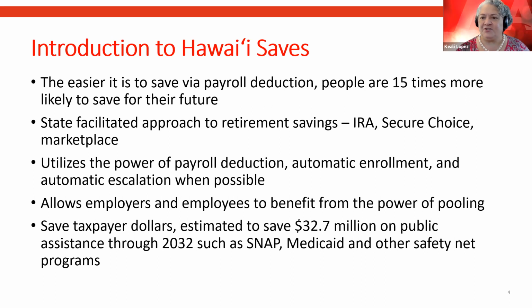There's IRA, Secure Choice, as well as marketplace savings. The concept of utilizing payroll deduction is that people are automatically enrolled. There's an automatic escalation of how much is contributed to the retirement. And again, the payroll deduction allows employers and employees to pool.